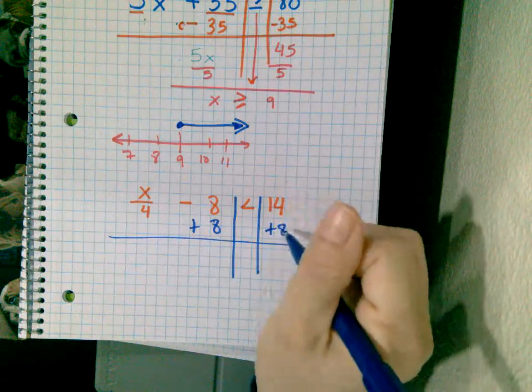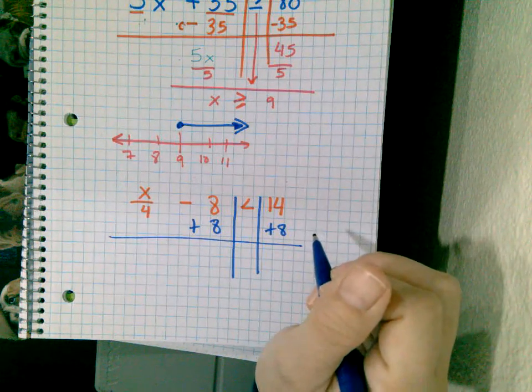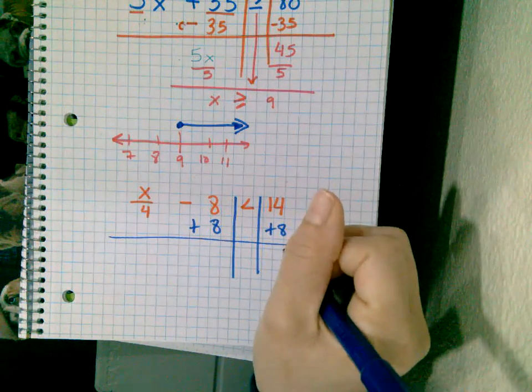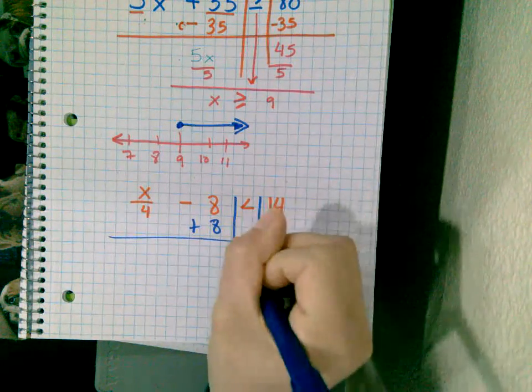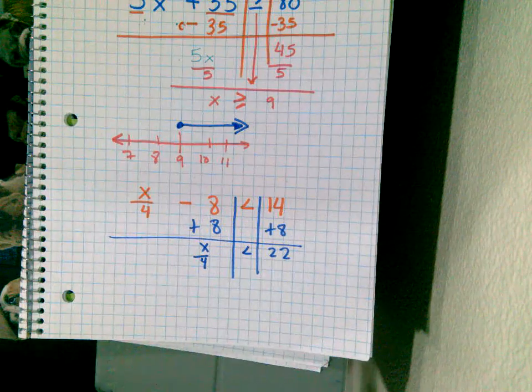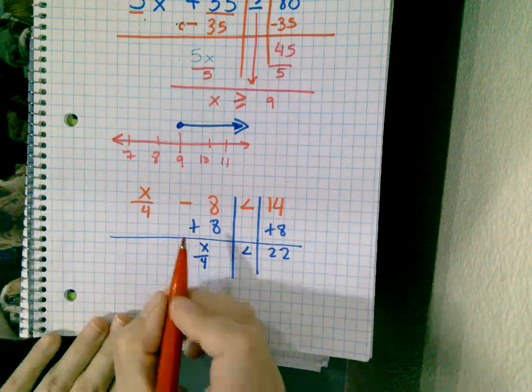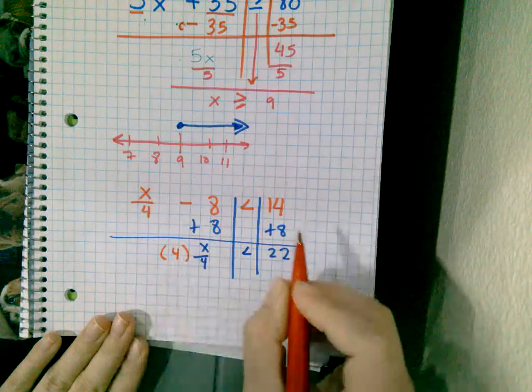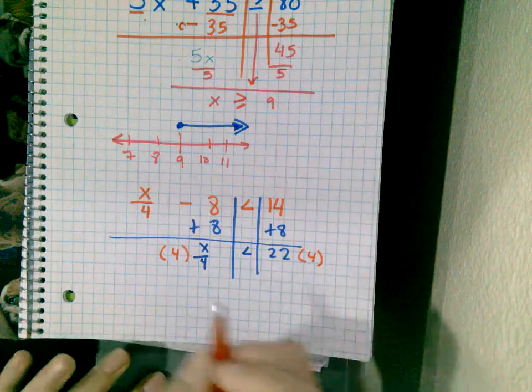All right, 14 plus 8 is 22, which is less than x over 4. So I'm going to multiply by 4, multiply by 4.